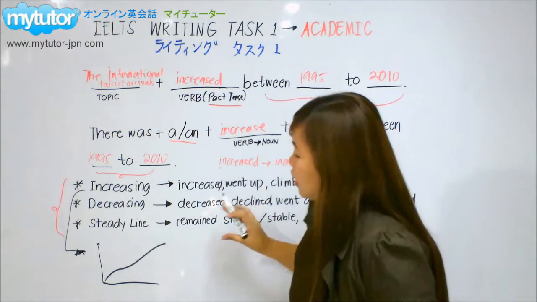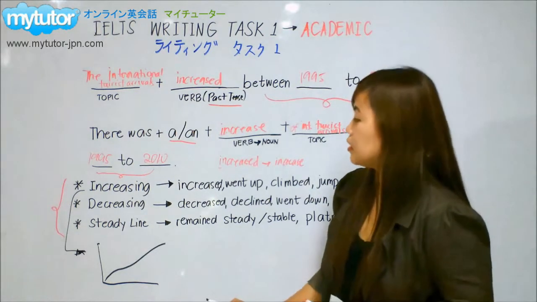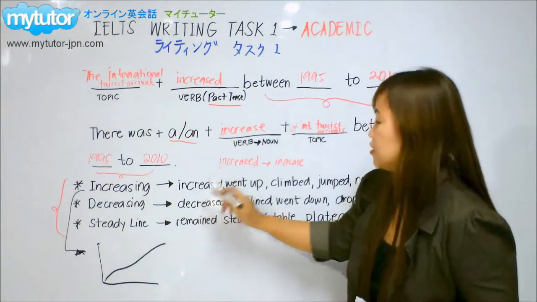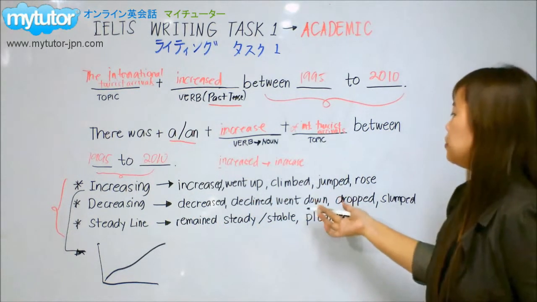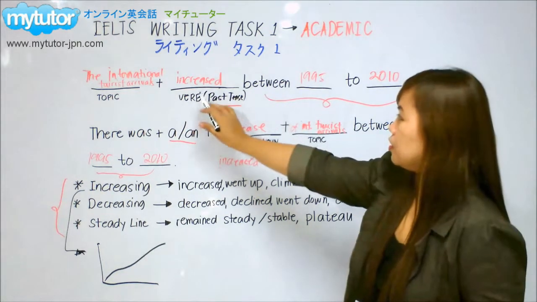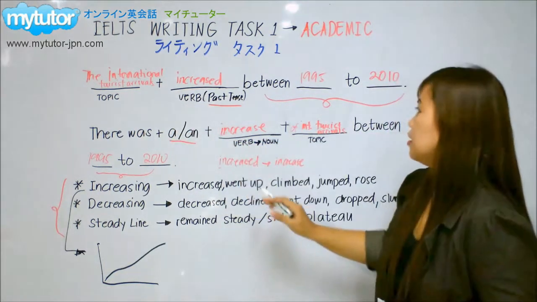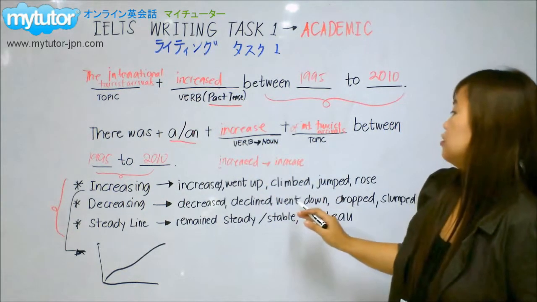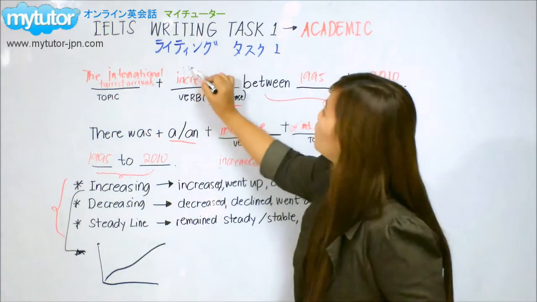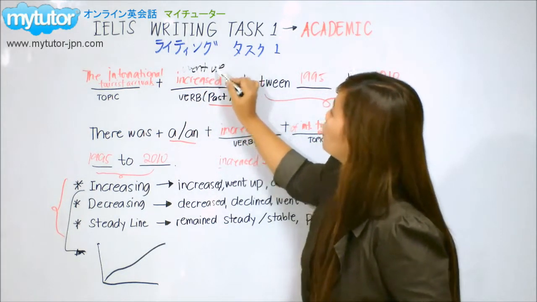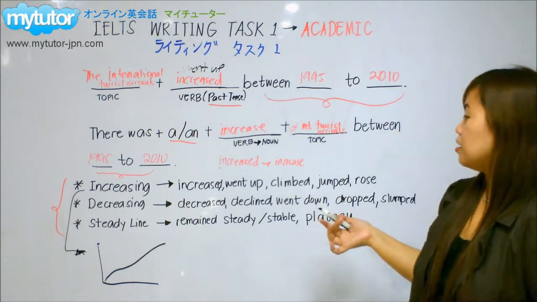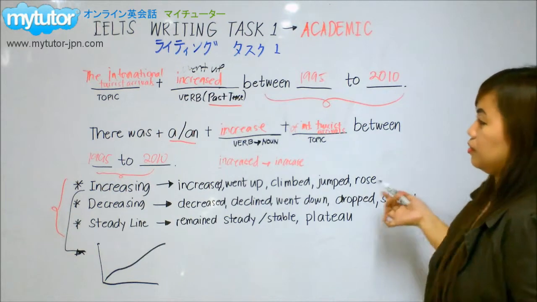In this case, you may use these words or vocabulary: increased, went up, climbed, jumped, rose. So here in our sample, instead of using increased for the international tourist arrivals, you might as well use went up. The international tourist arrivals went up, climbed, or jumped, rose.